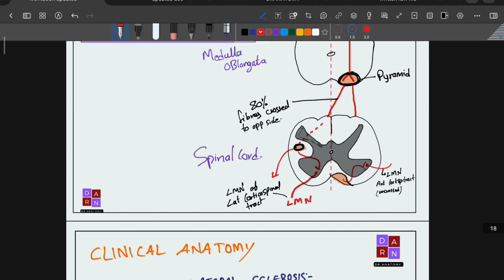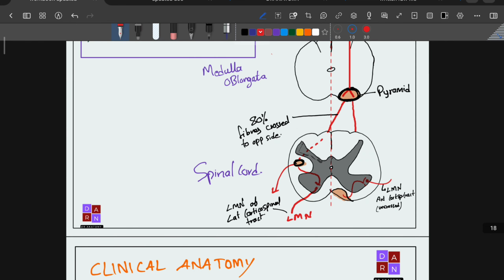The 20% of fibers descend in the ventral corticospinal tract, go into the ventral horn, and from there come out as lower motor neuron.